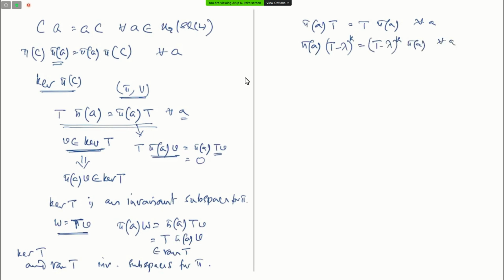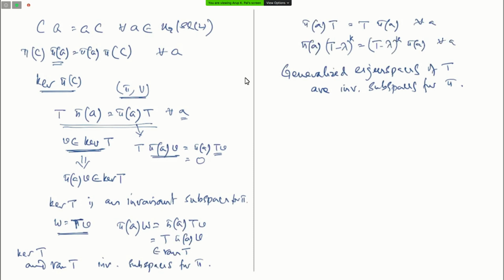And that would tell you that generalized eigenspaces of T are invariant. So this is how this Casimir element would be used.